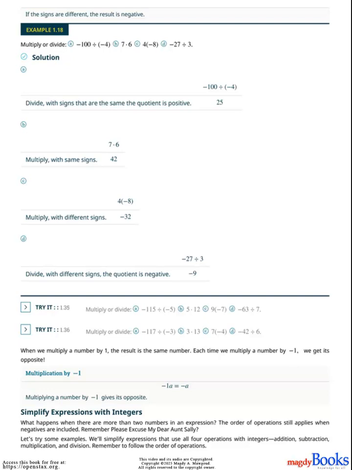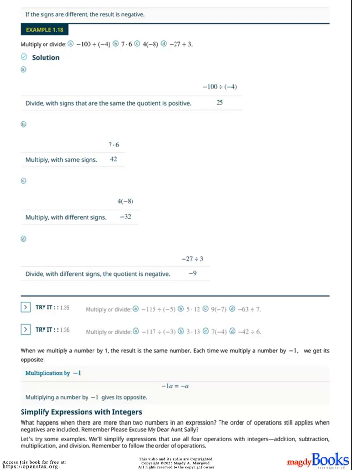D. Negative 27 divided by 3. Solution. A. Negative 100 divided by negative 4. Divide, with signs that are the same, the quotient is positive. 25.